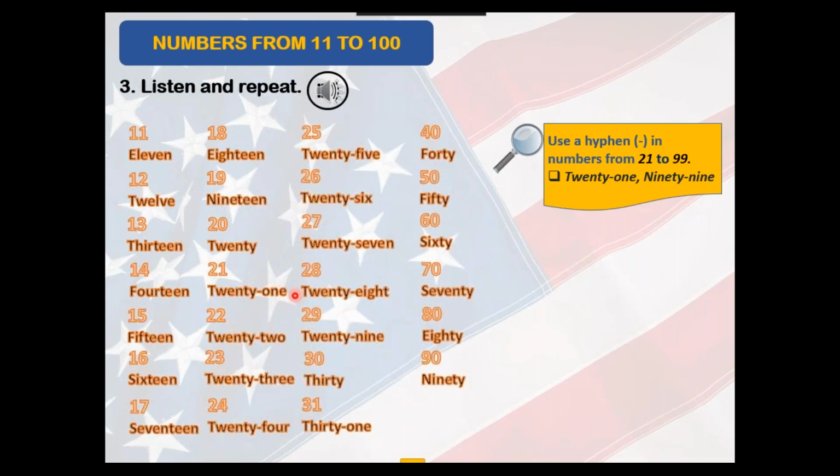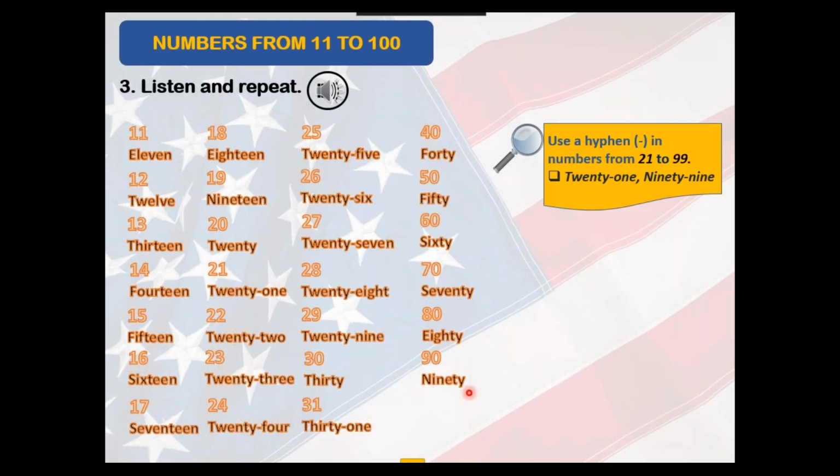Now, we continue with the other numbers. 22, 23, 24, 25, 26, 27, 28, 29, 30, 31, 40, 50, 60, 70, 80, 90.